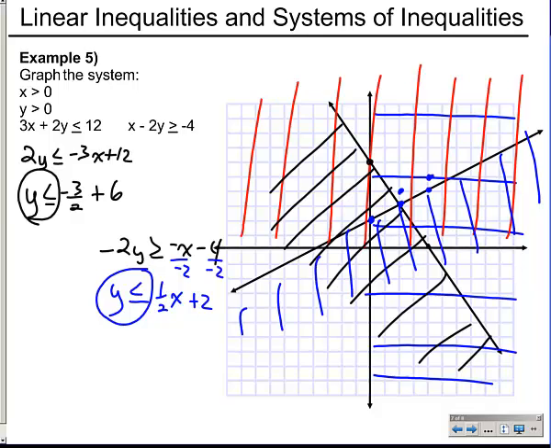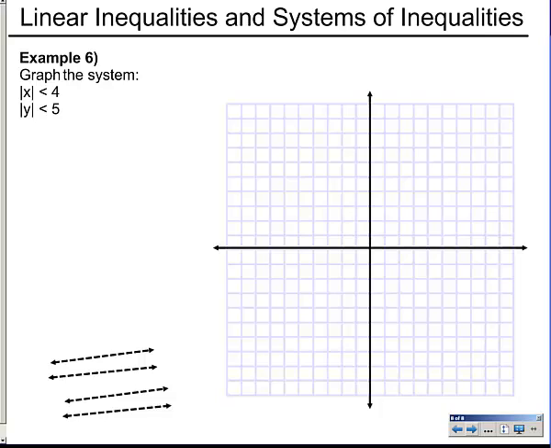Now if we look at it, we have a line that goes this way, a line that goes this way, the vertical line this way, and the horizontal line that way, and the only place where everything overlaps is in this little region right in here. It's not even a half plane anymore, it's smaller than a half plane, but it does contain an infinite amount of solutions.